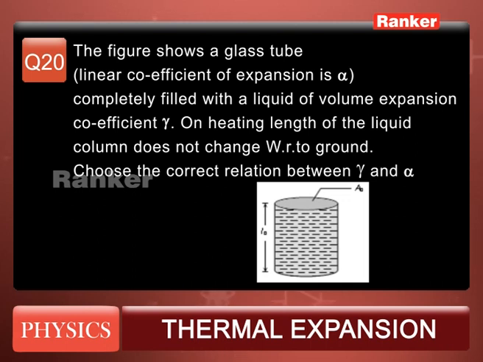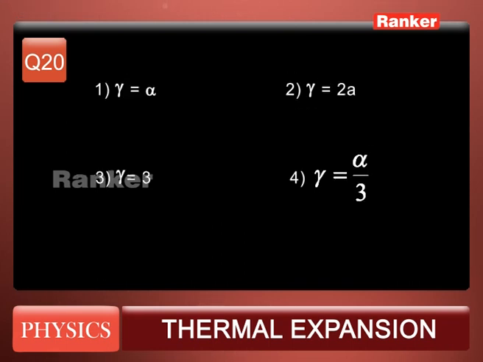Choose the correct relation between gamma and alpha. So first option is given gamma is equal to alpha. Second option gamma is equal to 2 alpha. Third option gamma is equal to 3 alpha. And fourth option gamma is equal to alpha by 3.